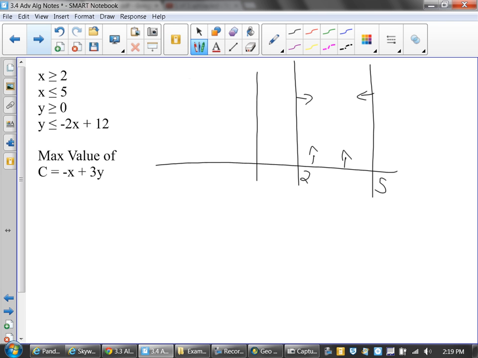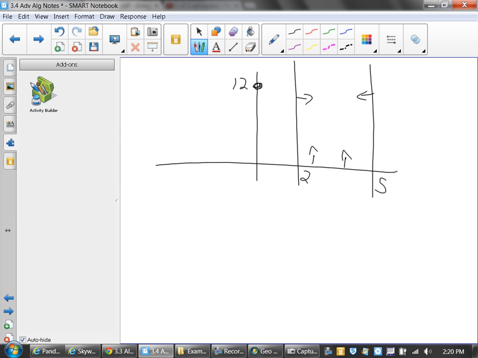And then lastly, it's written in slope-intercept form, but could you figure out your intercepts anyway? What's your y-intercept? 12. Your y-intercept is 12. What's the x-intercept? 6. Very good. In order to figure out your x-intercept, just set y equal to 0, move the 12 and divide by -2.